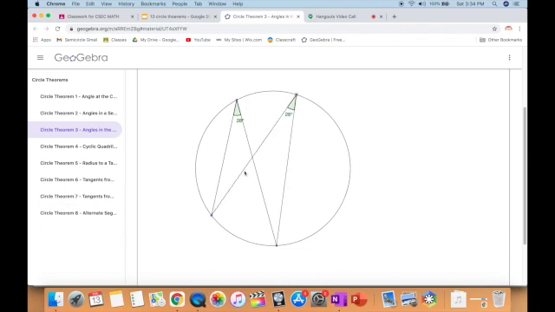All inscribed angles subtended by the same arc will always be equal. That is the first theorem that we are learning here today.